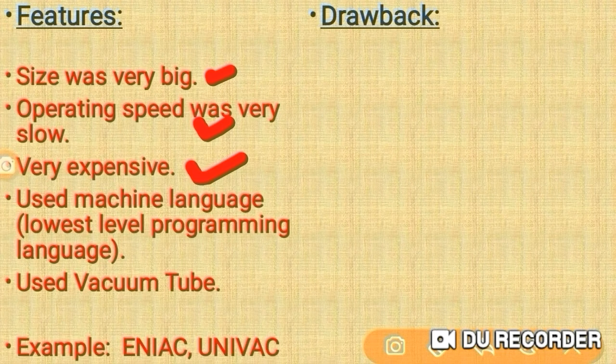This generation of computers used the lowest level programming language, machine language, which takes input in the form of 0 and 1. Examples of this generation of computers are ENIAC and UNIVAC.